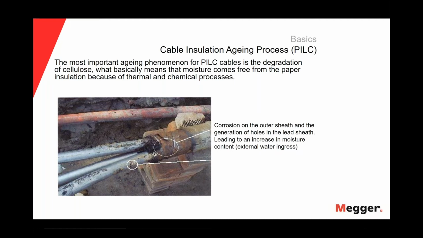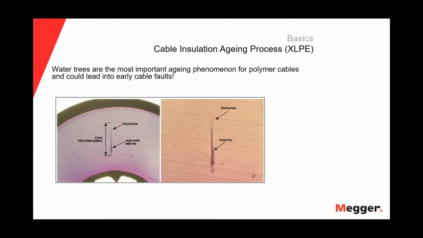Of course, the corrosion of the outer sheath and the generation of holes in the lead sheath will lead to an increase of the moisture content. Okay, that's in the case of PILC cables. Regarding XLPE cables or polymeric insulation, by far the water trees are the most important aging phenomenon for polymer cables, and could lead into early cable faults.